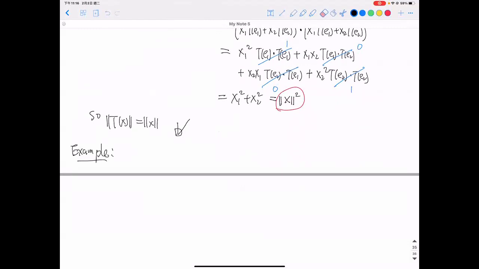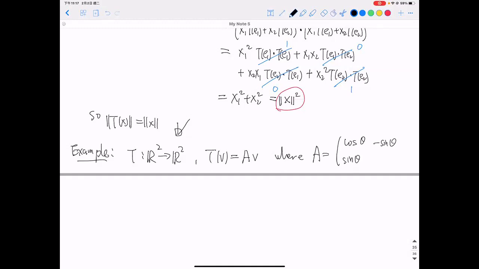So consider the linear transformation defined by T of v being A times v, where A is the matrix cosine theta, sine theta, minus sine theta, cosine theta.